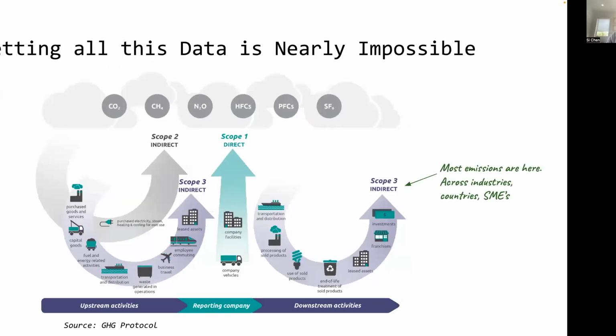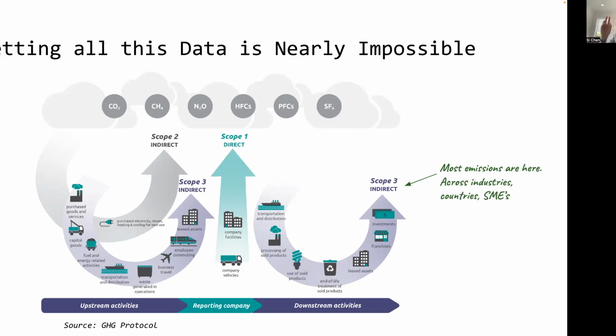But what makes it impossible, or almost impossible, is that you have to go through the whole supply chain to do this. Okay, you don't just get to measure the emissions from the fuel that you used or the electricity you purchased. That's scope 1 and 2. What you need to measure is scope 3. This is where most companies' emissions are. 60 to, in the case of, let's say, a natural gas utility, 90% of their emissions are from other things.